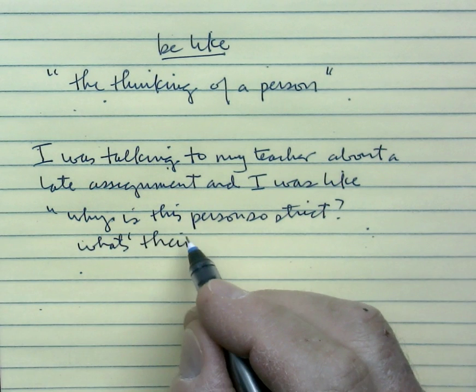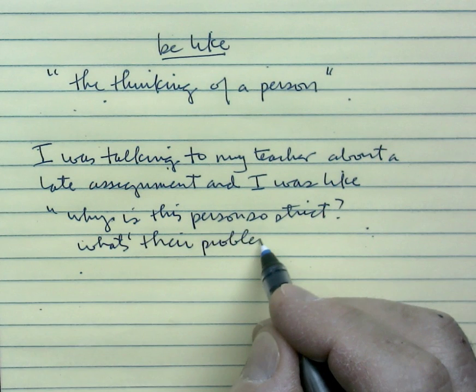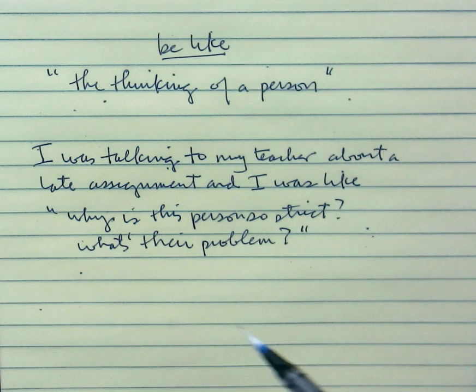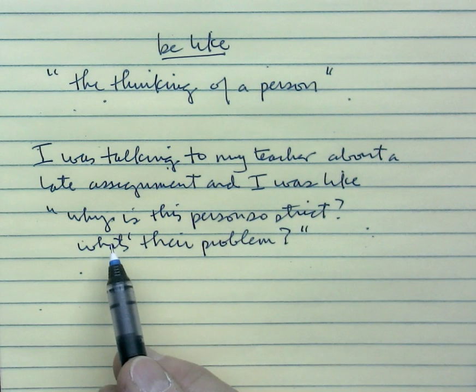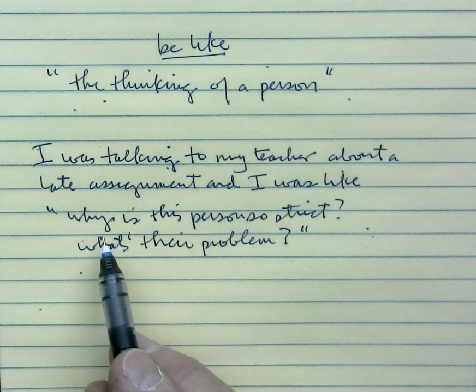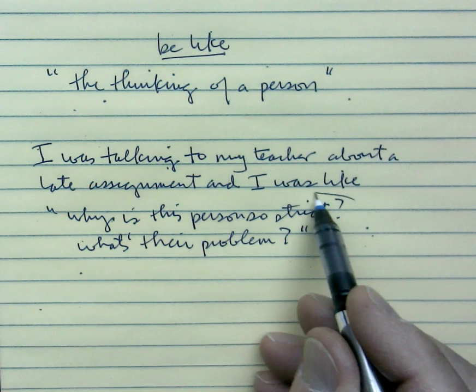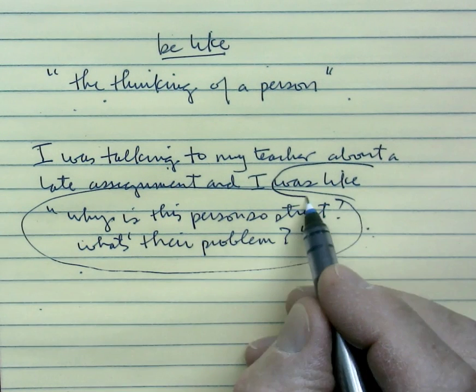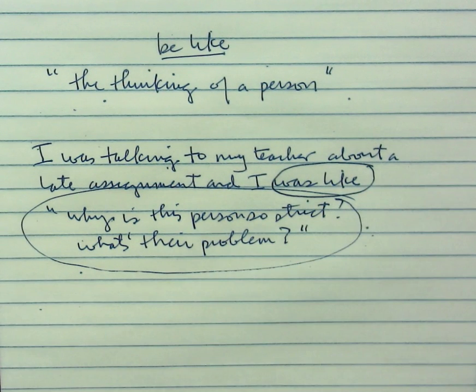What's their problem? Now here, those are not the exact words that she said. It's what she was thinking. And she used be like to introduce that idea.